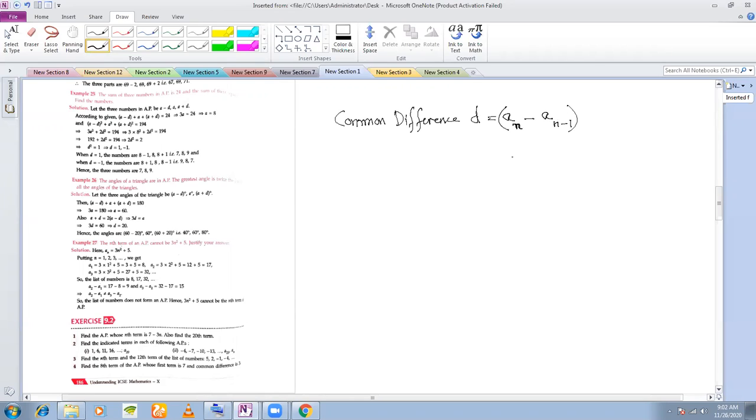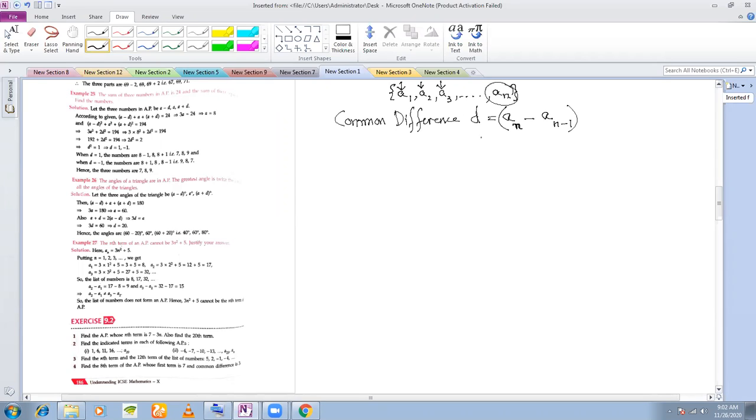You put n equal to various values, you will get the common difference. That is, if this is your AP till an, this is called the nth term. You put n equal to 1, you get the first term. You put n equal to 2, you get the second term. You put n equal to 3, you get the third term, and so on. So this is called the nth term.